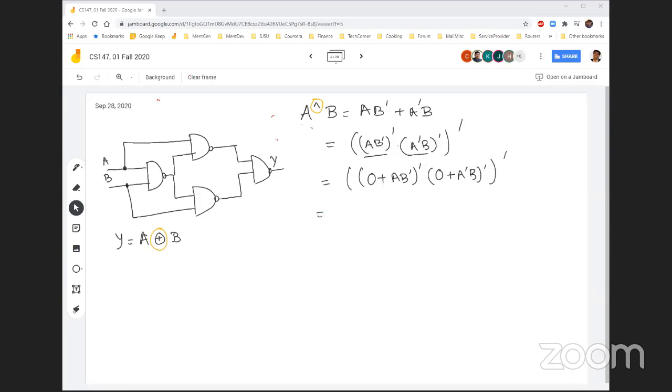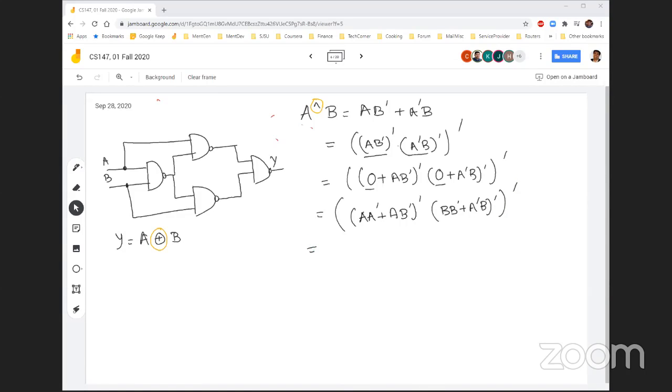Now let's play with the zeros. I can write the first 0 as AA bar, so this becomes AA bar or (AB bar)'. The other 0, let's write as BB bar, and (A bar B)'.